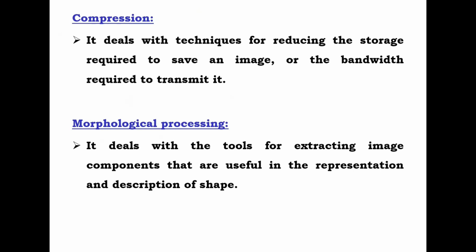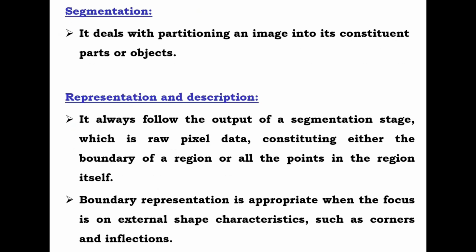This process mainly deals with the tools for extracting image components which are useful in the representation and description of shape. The next step is segmentation. Segmentation divides or partitions an image into certain parts or objects.